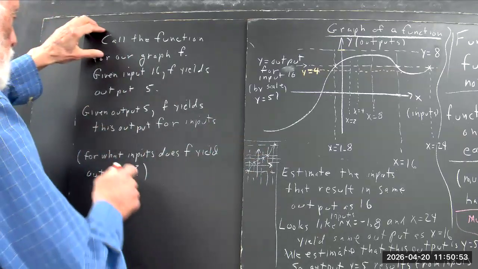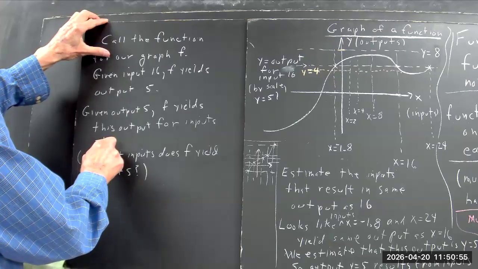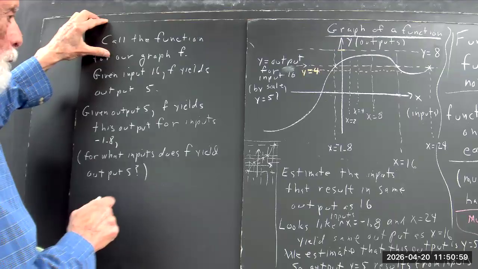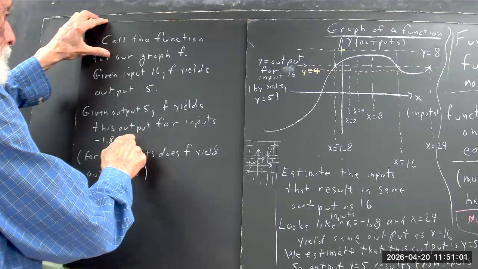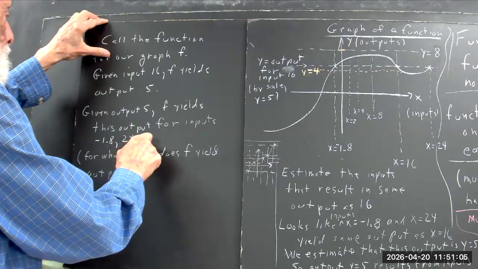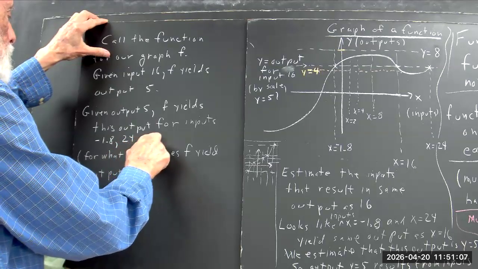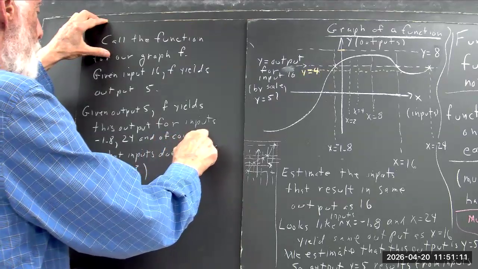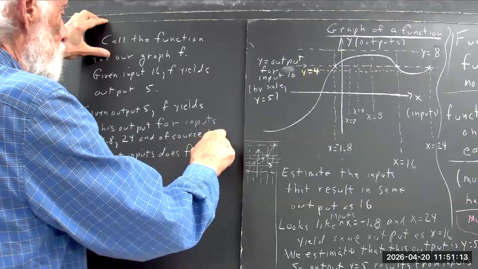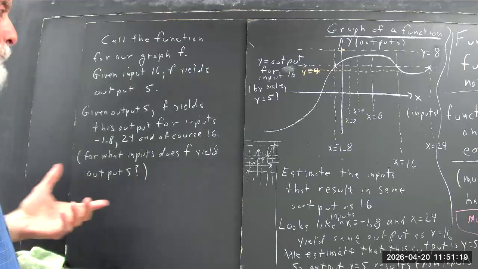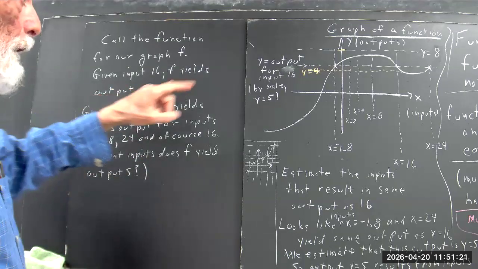And we also saw that for inputs negative 1.8, 24, and of course, 16. Again, there are 3 inputs that yield output 5.